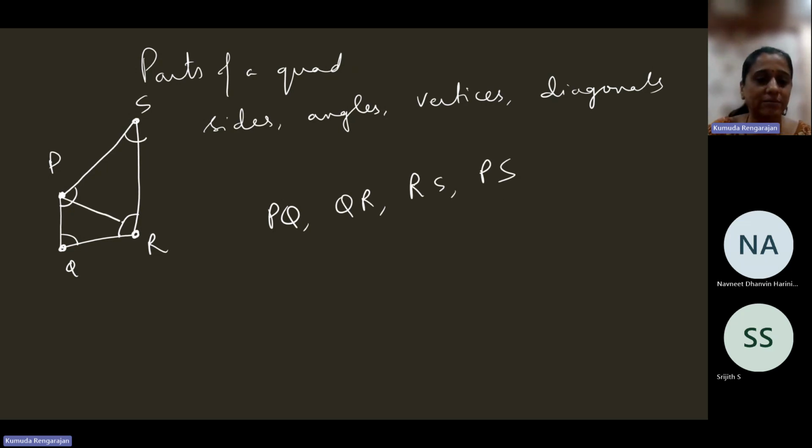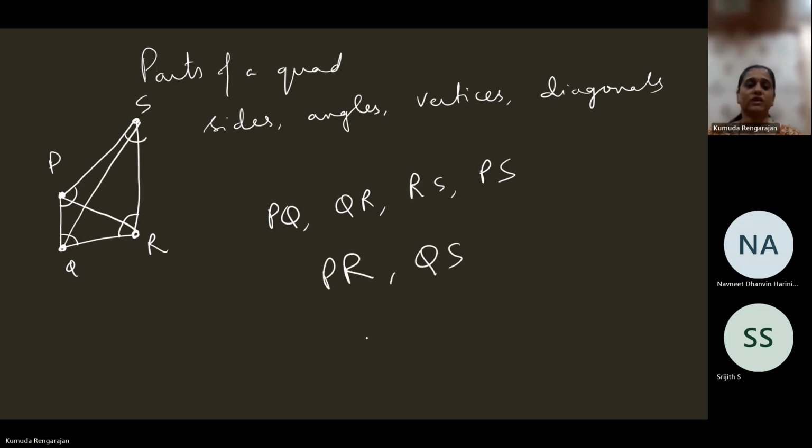Diagonals: PR and QS. These are the different parts of a quadrilateral.